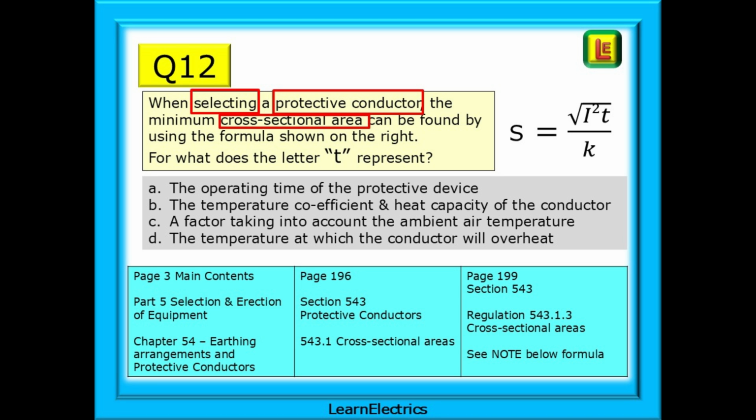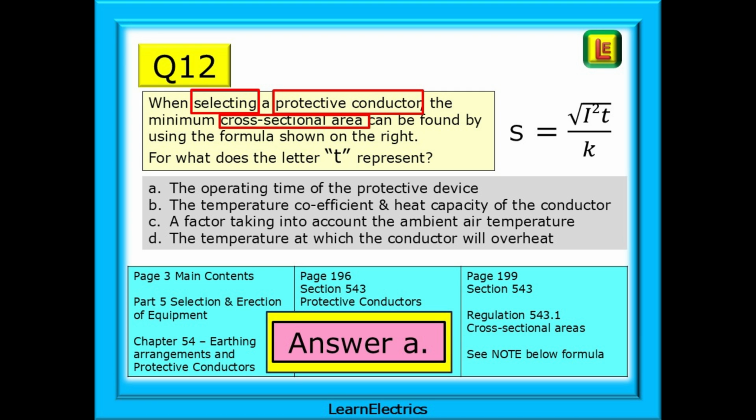Turn to page 199 and find regulation 543.1.3 and look at the note below the formula where you will find what the letter T represents. The answer to choose is answer A.